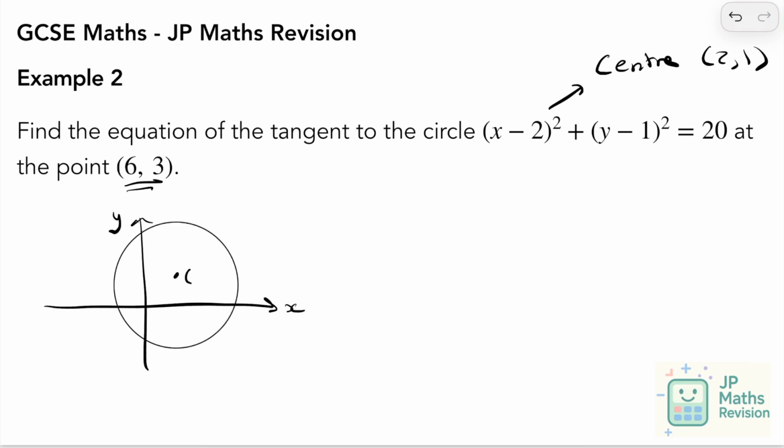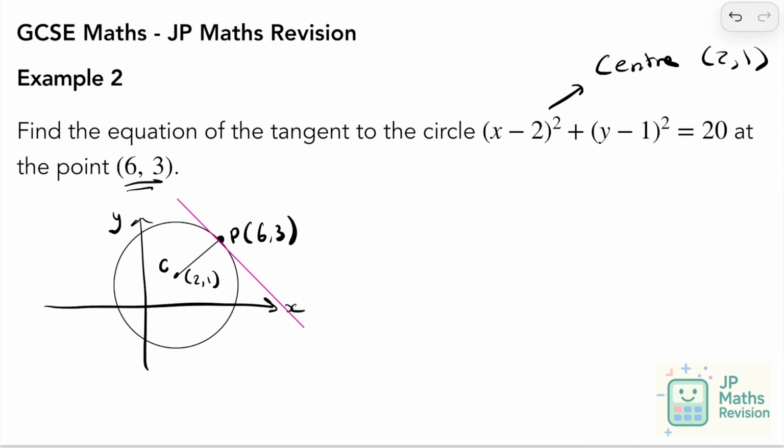So my centre is 2, 1, and I'm going to call the point that we want to find the tangent at, 6, 3, P. So I'll put this over here, and that's 6, 3. And I'm going to call the centre C for centre, and I'm going to draw a line from C to P. Again, we're trying to find the tangent, so if I draw the tangent over here, the tangent is perpendicular to the radius.